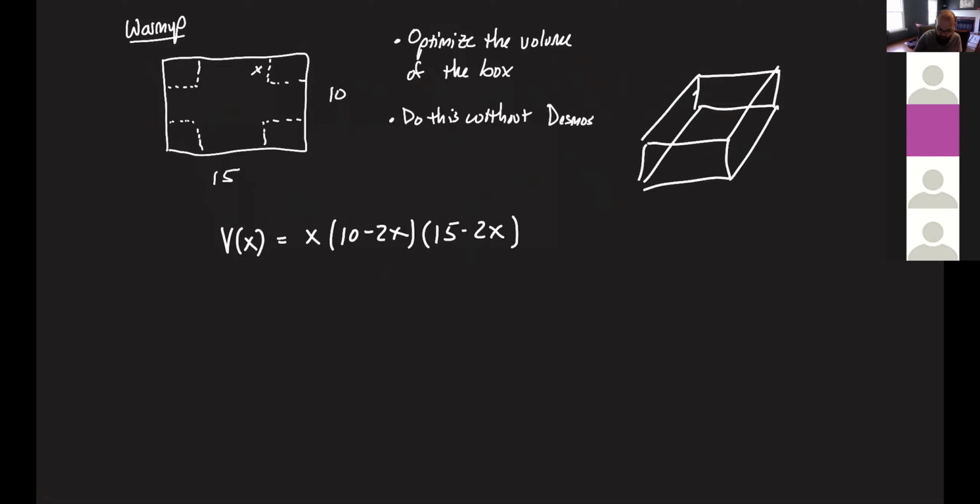The height was given by x here, and then for each of these side lengths, I took away x on either side, and so for one of them we had 10 minus 2x, and then this was 15 minus 2x. Right, so length times width times height gives us the volume of our box.